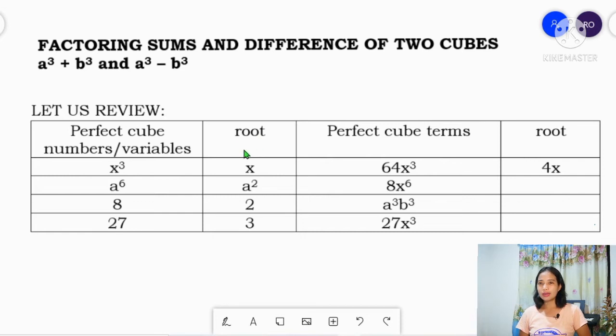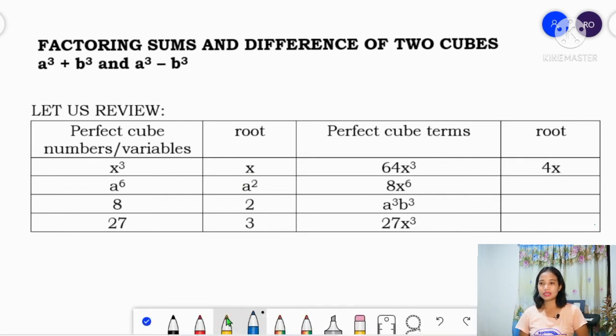So, dito, meron kayong makikitang roots. So, in exponential form, ang roots ay ang tinatawag nating base. So, eto yung variable na kapag minultiply nyo sa kanyang sarili ng 3 beses, ay makukuha natin yung perfect cube variable. Okay, like x times x times x.